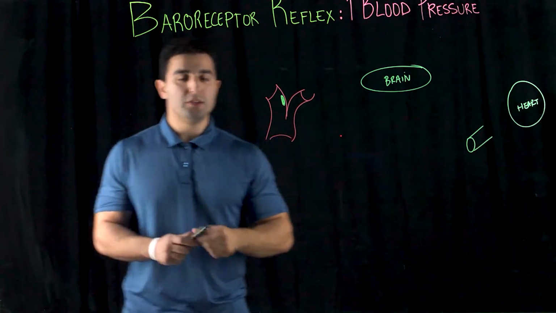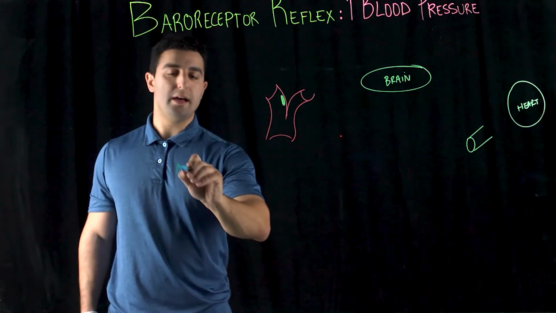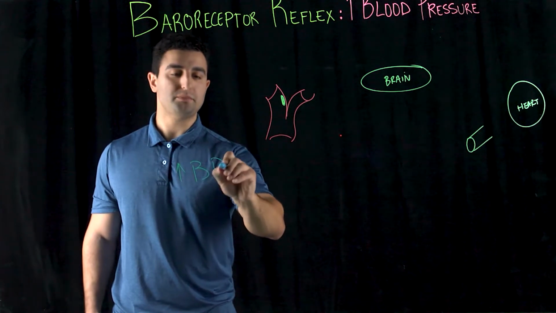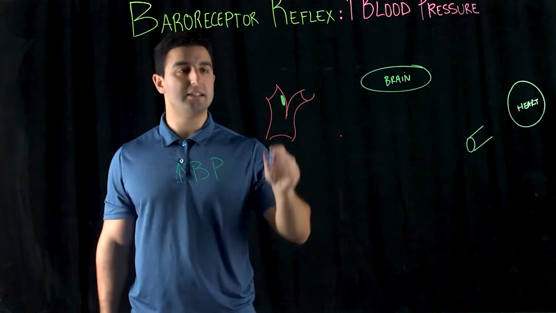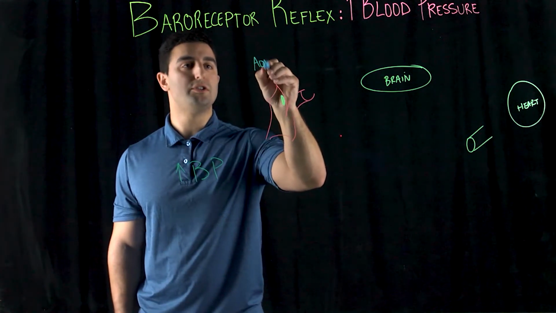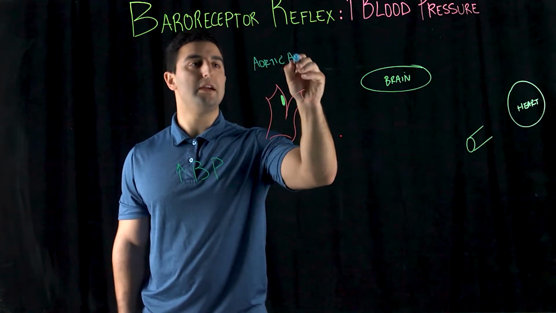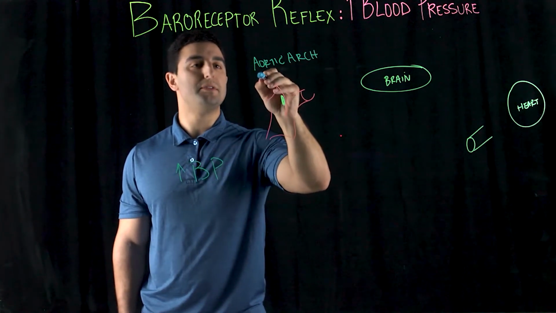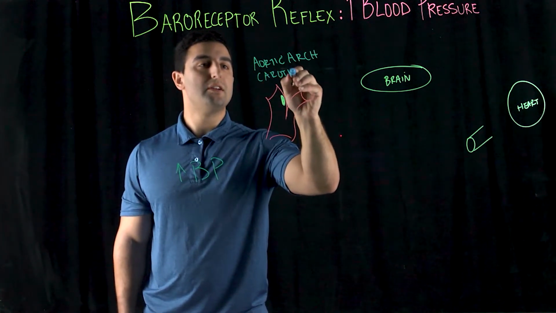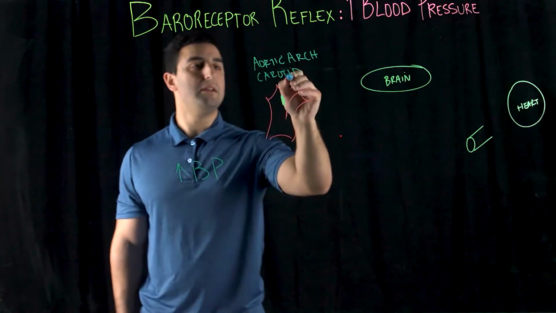body, right? So in an instance where we have high blood pressure, in your aortic arch and your carotid sinus, you have these little baroreceptors that are present that are constantly being either stimulated or inhibited.